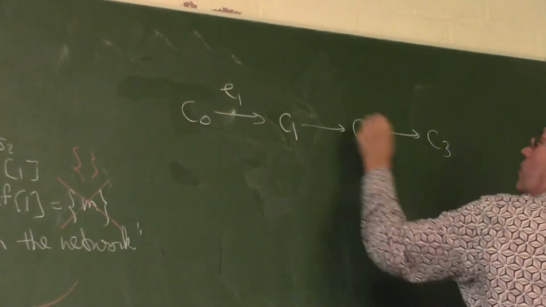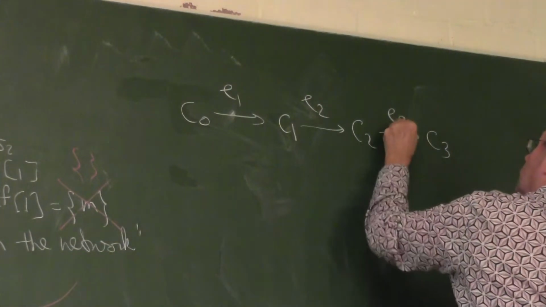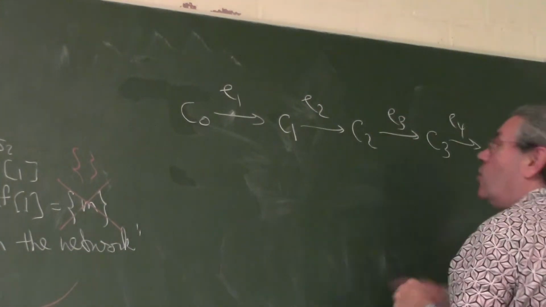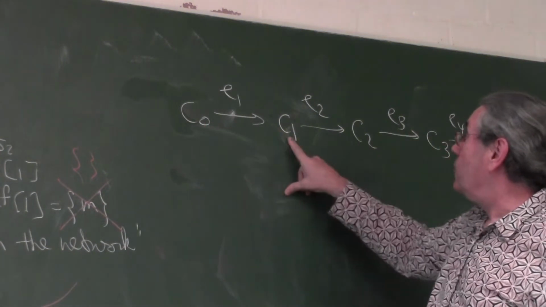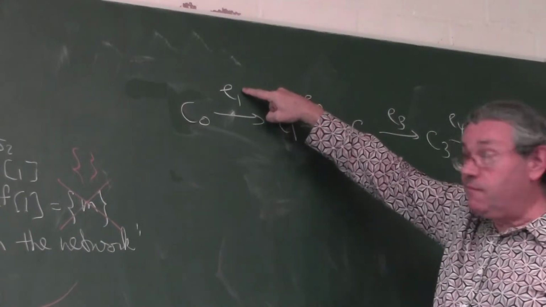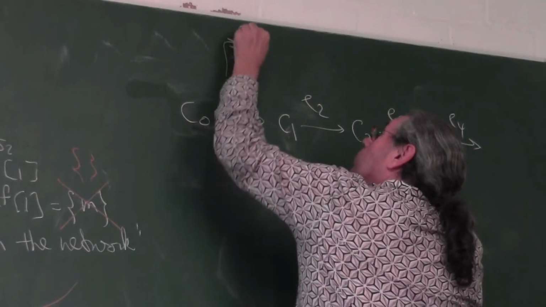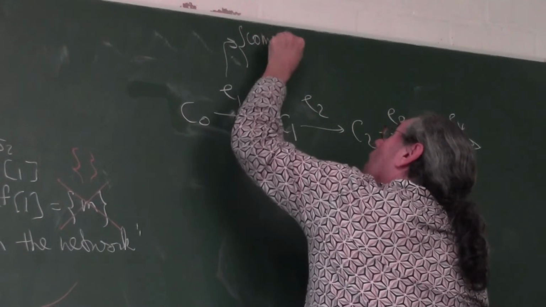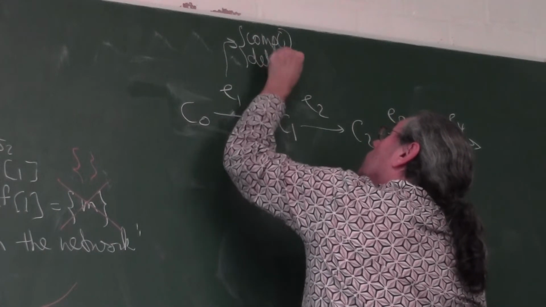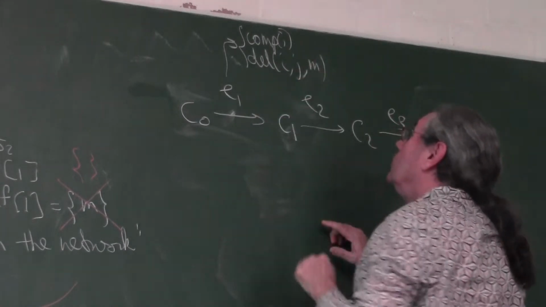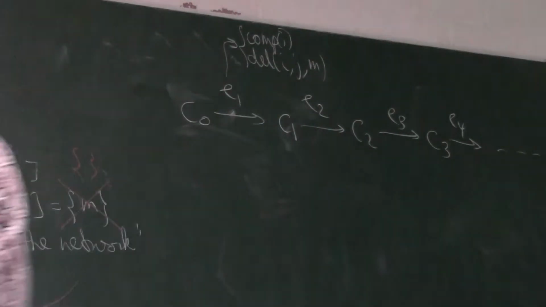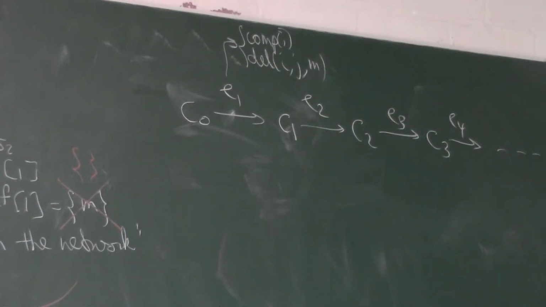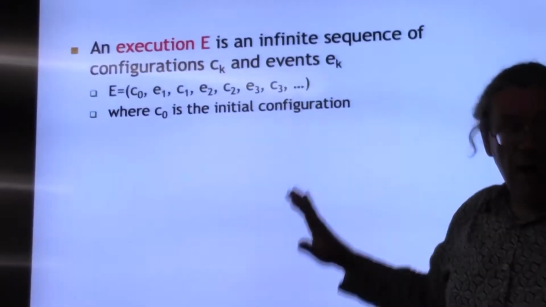So maybe this is more intuitive for some people. So C is the configuration, and you have a transition from C0 to C1, which is defined by this event. And the event can be either a comp I, or del, with the message. And this goes on forever. It's infinite. That is the execution. That is the formal definition of an execution of a distributed system.